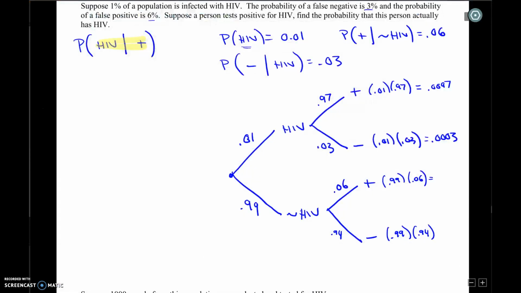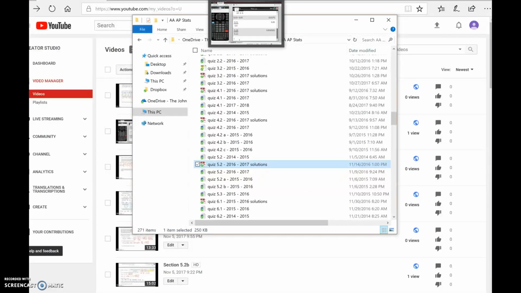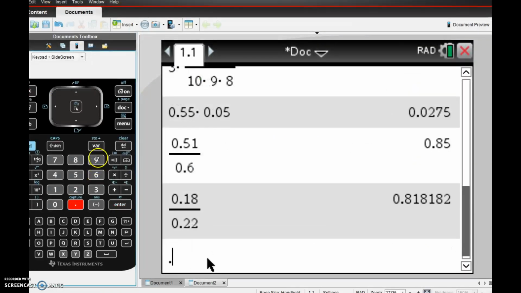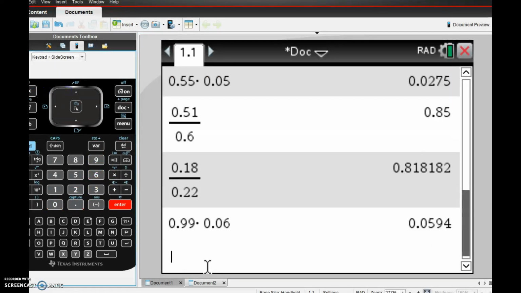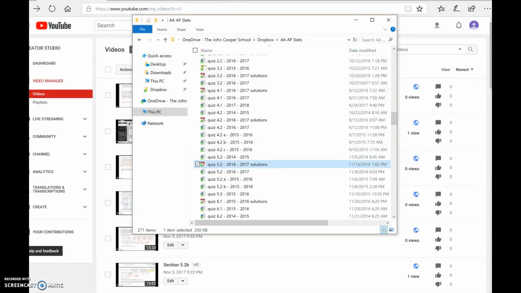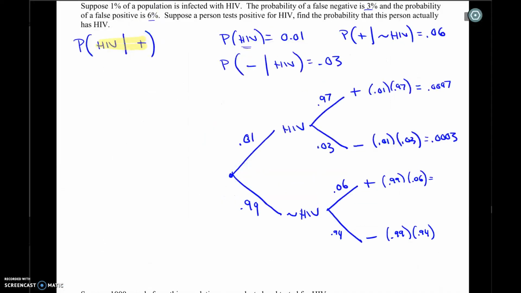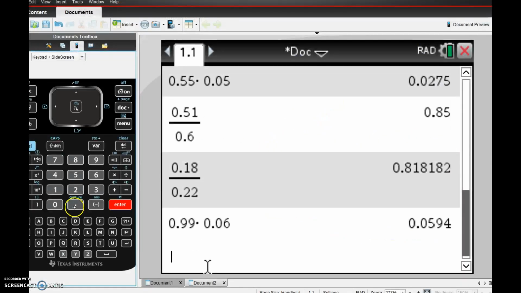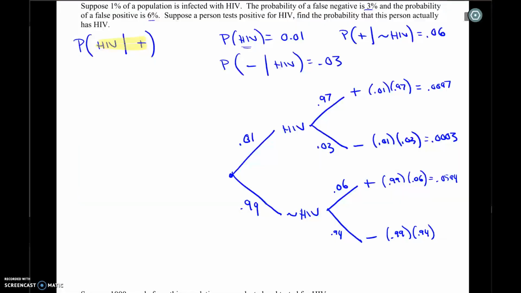Was that 0.9906? 0.99 times 0.06 is 0.0594. And this is going to be by far the biggest number here: 0.99 times 0.94 is 0.9306.